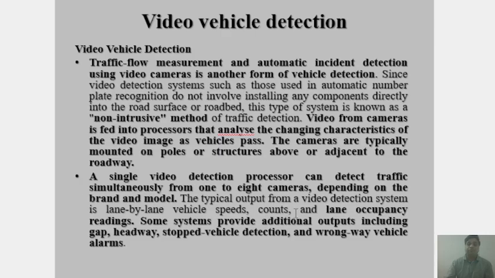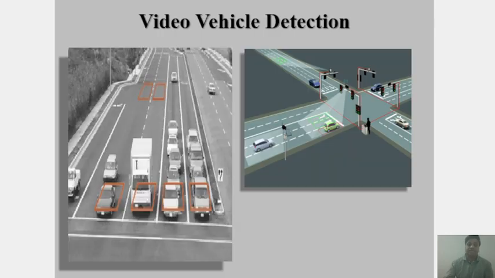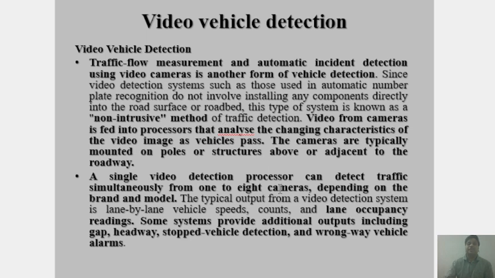But in this non-intrusive method, which is vehicle detection, we are able to place the different types of sensors away from the pavement surface, near the road, where some cameras or CCTV cameras are placed nearby buildings or some vantage point in order to collect the data. So let us see what is this non-intrusive video vehicle data collection.